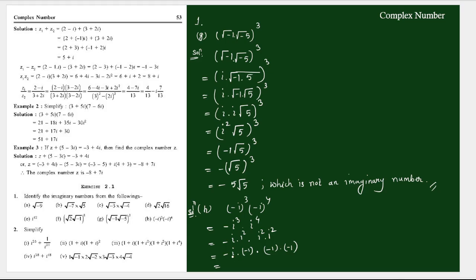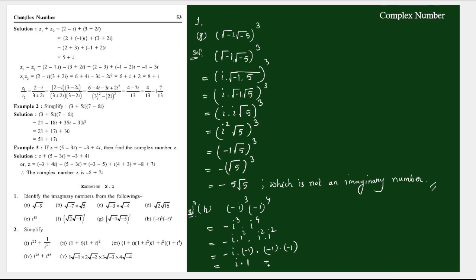How many minuses are there? 4 minuses are there. So it will become plus, right? And then how many 1s are there? 3 ones, that means 1, and we have got 1 i, and all the minus became positive.